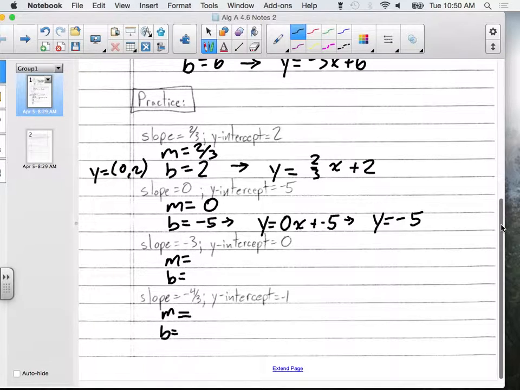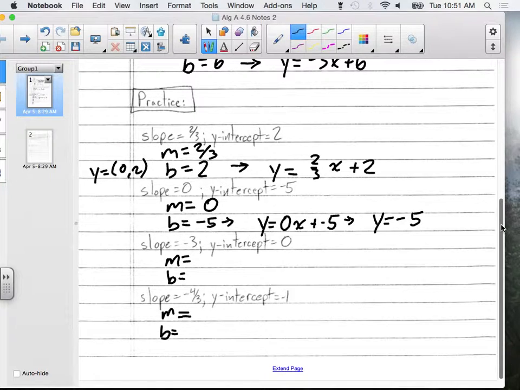What kind of line do you think that is? A negative slope. Isn't -5 our y-intercept? Because that's what we found our b to be. Okay, let me ask you this. You said that m is 0, right? So that means 0 slope. What kind of a line has 0 slope? A horizontal line, right?